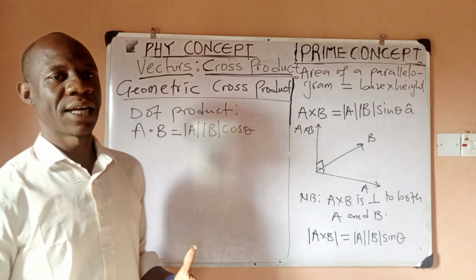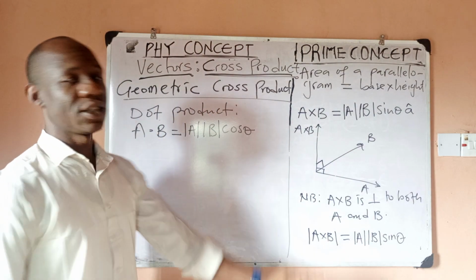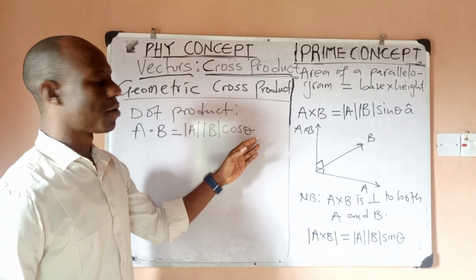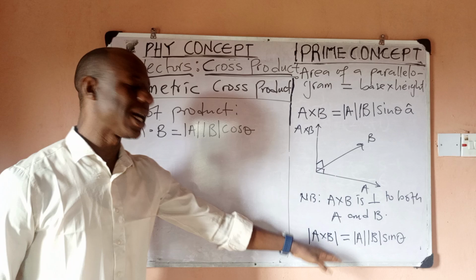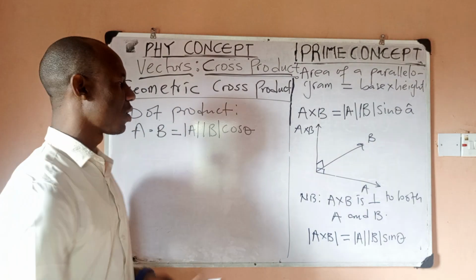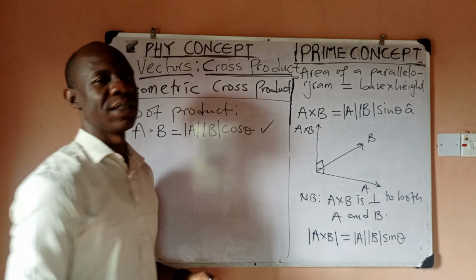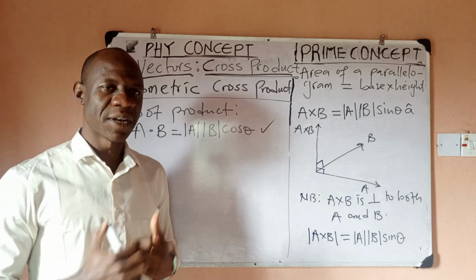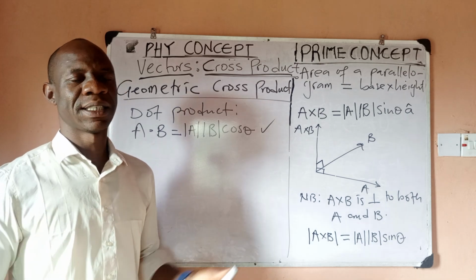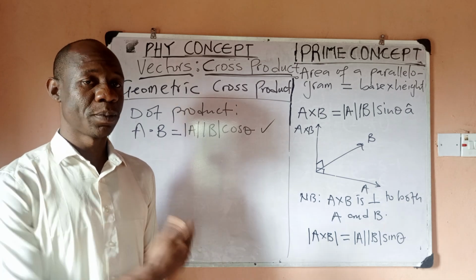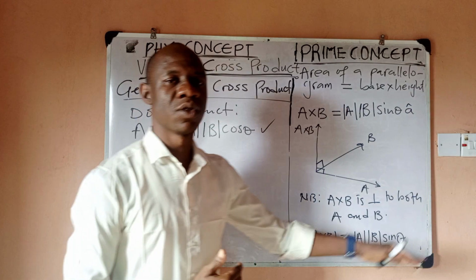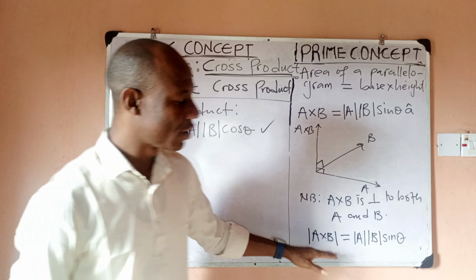If they ask you to find the angle between two vectors, you can use any of them. But most of the time, this is preferred because this formula would give us more information than this. So once they tell you to find the angle between two vectors, I would recommend you always go with this. So if they now specify, under exam conditions like WAEC, NECO, IGCSE, your NEET exam, your JAMB exam, use the cross product to find the angle between two vectors, then you'll be using this.